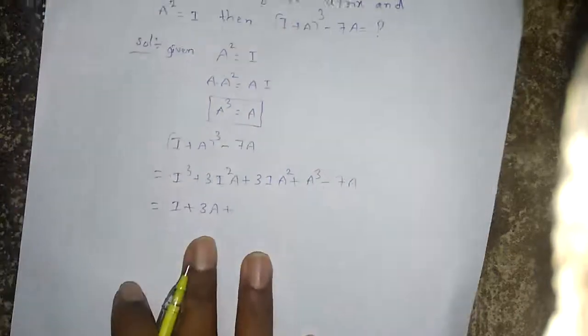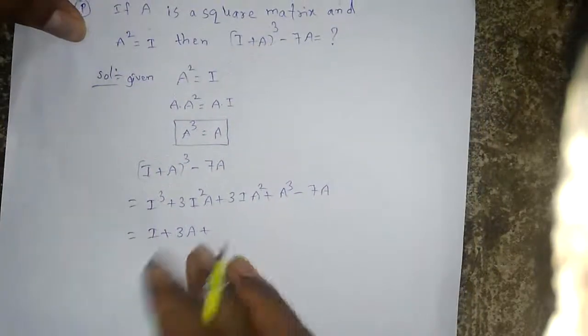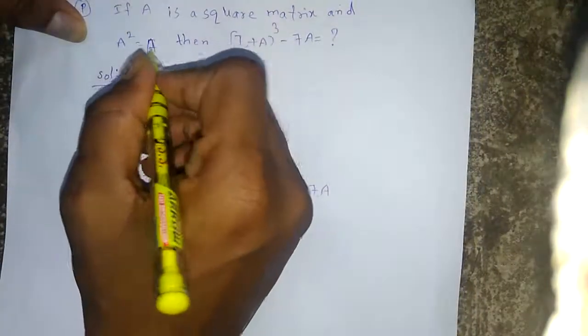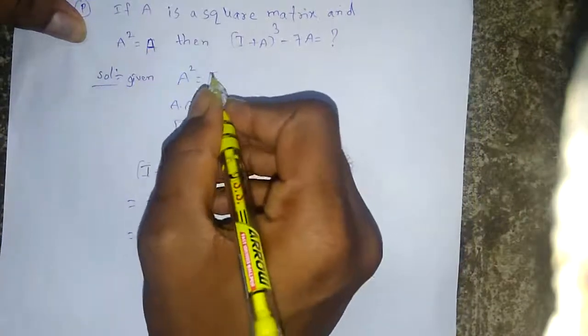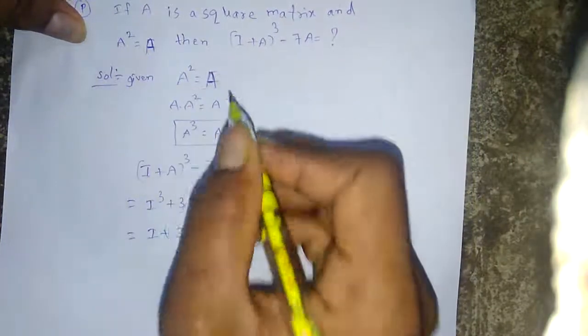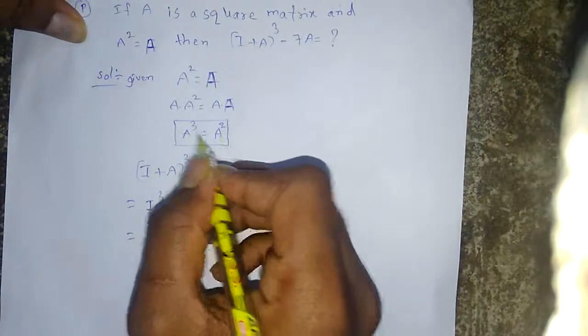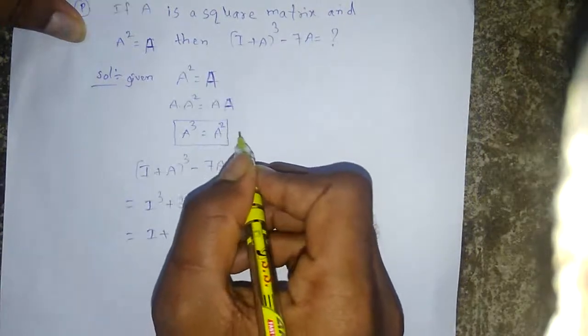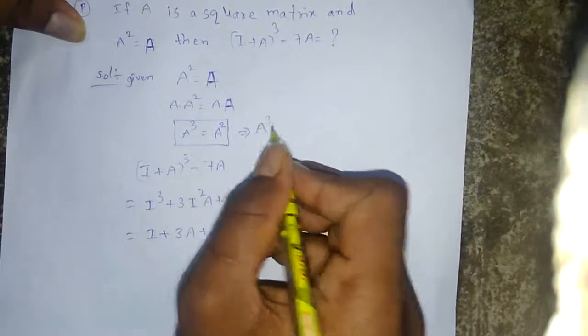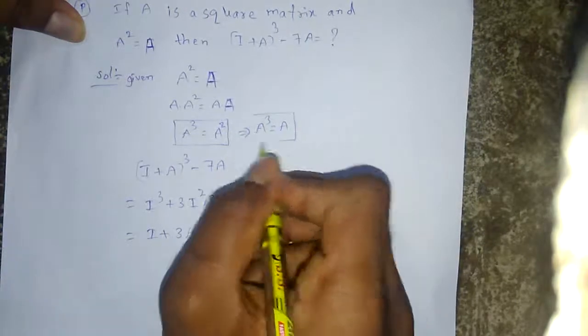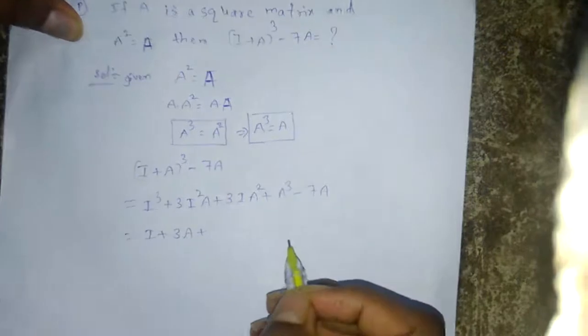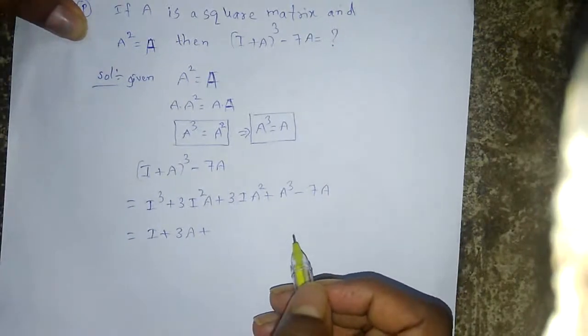A square is not I, it is actually A square is equal to A. So then A cube is equal to A square, that will be again also equal to A. Okay, so there is a mistake in the question.